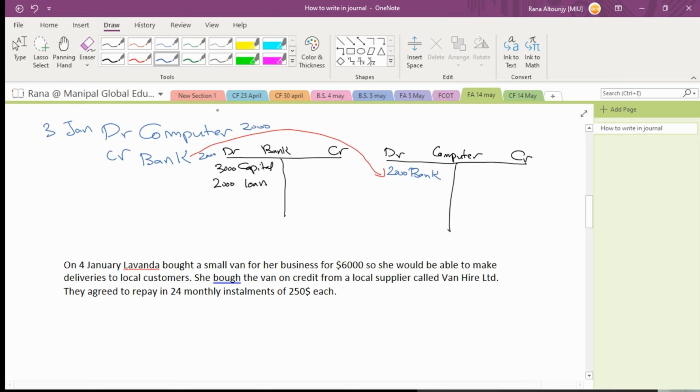Okay. Then the bank is a credit side. It means we need to type in the credit side of the bank. We take the other side of the transaction. Okay? So we type it here. We have 2,000 computer. Okay.